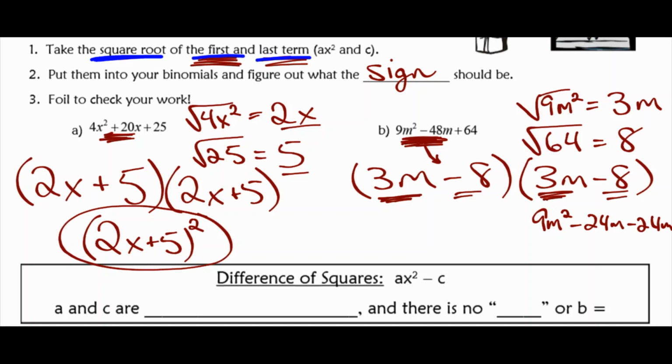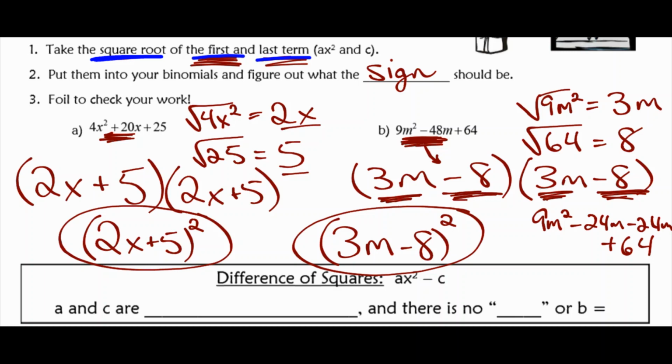The positive 64 is going to happen no matter what, because these signs are the same. It's a negative 8 times a negative 8, that's a positive 64. And again, the simpler way to write this, how I really want you writing this, is 3m minus 8 squared. It's showing that we have two of those same factors.